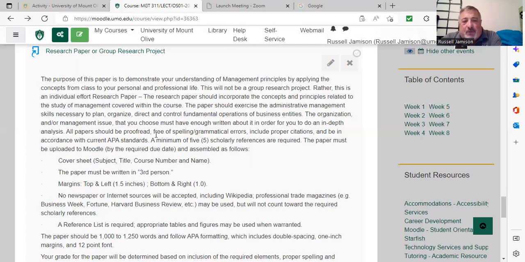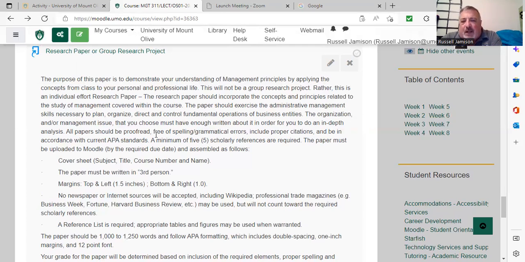So, for example, you may be really energized by the models of motivation, Maslow's hierarchy of needs, Herzberg's two-factor theory, and the like. And this is what your paper will be written on, is motivation.